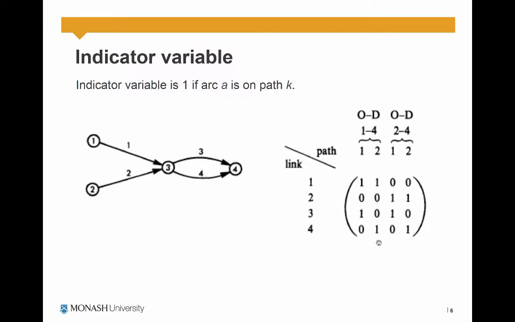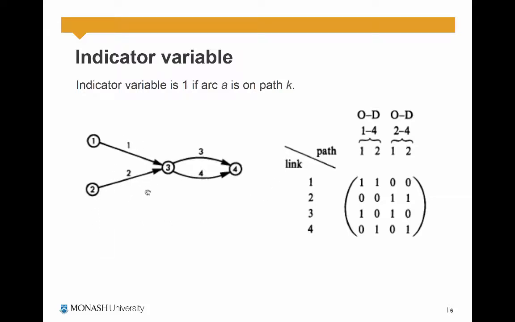create a matrix of the indicator variable where the rows represent the link numbers and the columns represent all the possible paths between every origin and destination. So in this network, we have a total of 4 links and 4 possible paths, 2 possible paths between 1 and 4 and 2 possible paths between 2 and 4.